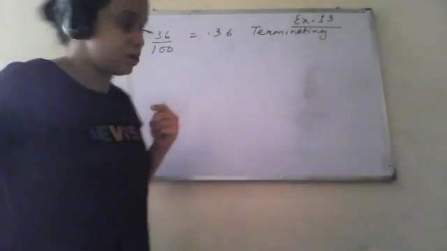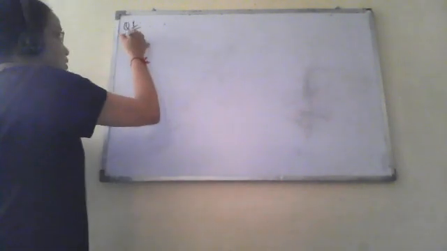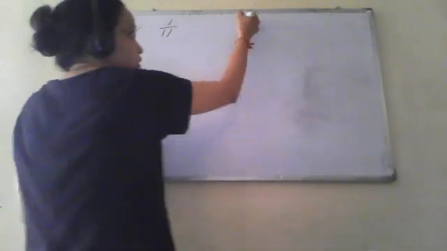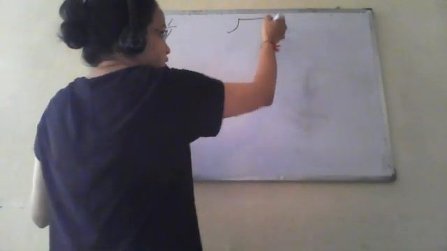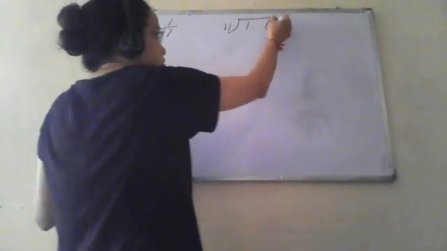Now next part is 1 upon 11. So we will divide and check whether the remainder is coming 0 after some steps or not. So this one is your dividend and 11 is your divisor.